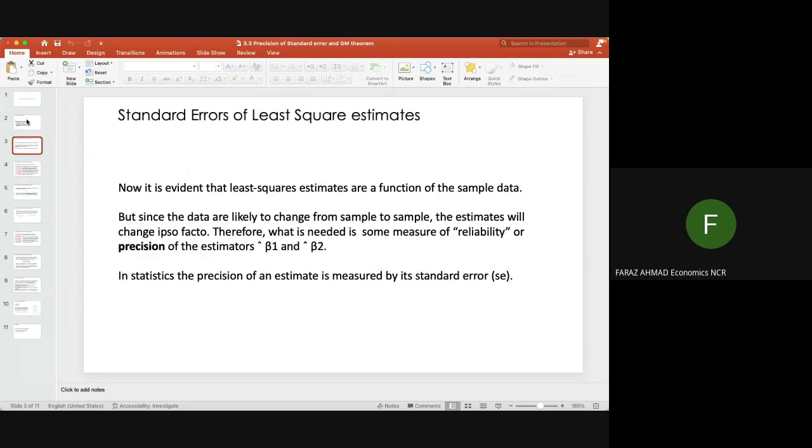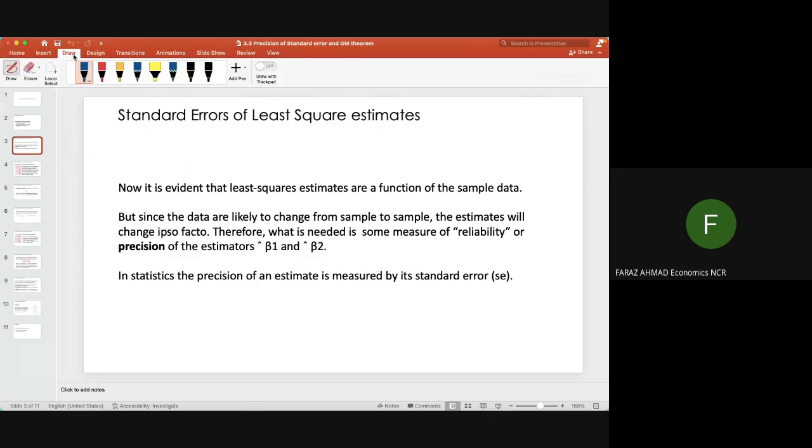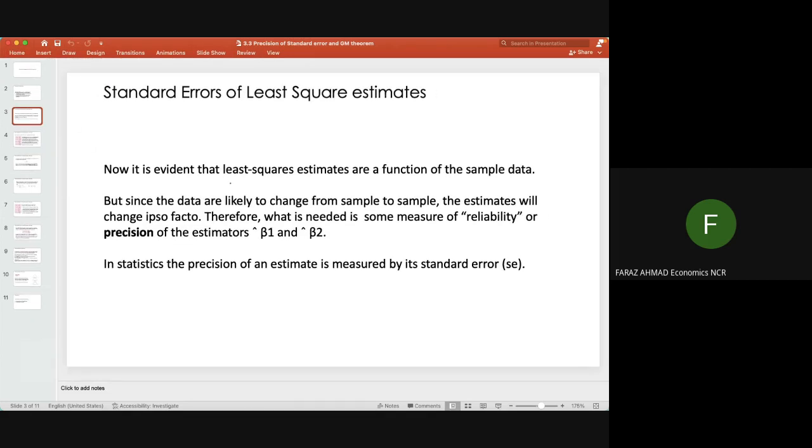Now we'll talk about standard errors. What is standard error? Point number one, least square estimates are a function of sample data. So how do you calculate beta 1 hat and beta 2 hat? You calculate them using x's and y's only, right?